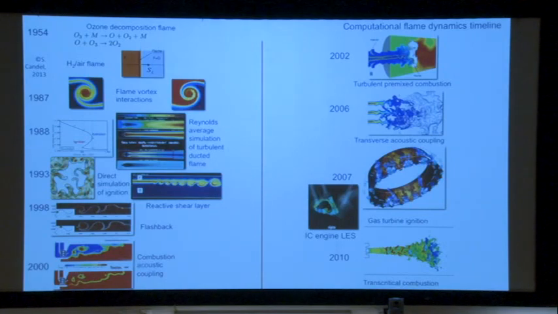At the same time, we did a lot of Reynolds-averaged simulations, which are pretty good. For the simple flames, we also started calculating response functions, extinction, ignition, and in the 1990s, direct simulation developed. So you see some of the early calculations in direct simulation at the end of the 1980s.